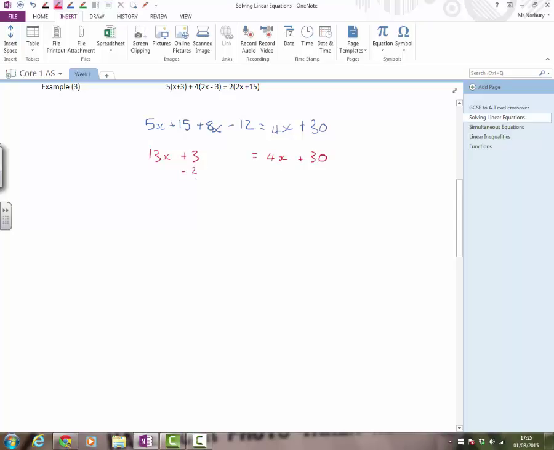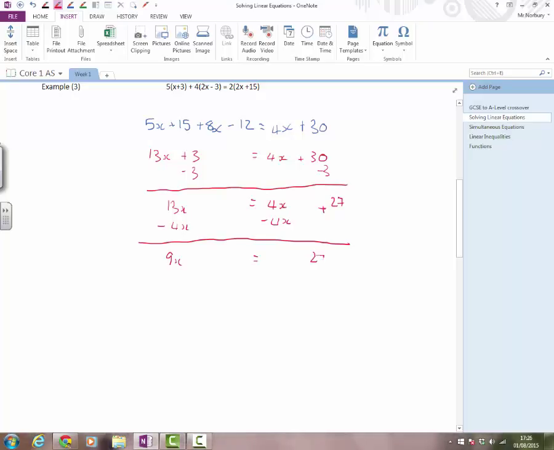So take 3 from both sides, and we're left with 13x equals 4x plus 27. Take away 4x from both sides, and we're left with 9x equals 27. And that means that going through your 9 times table, 9 3s are 27, so we've solved this question here.